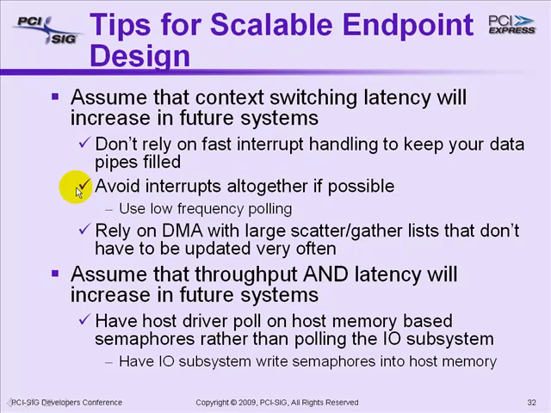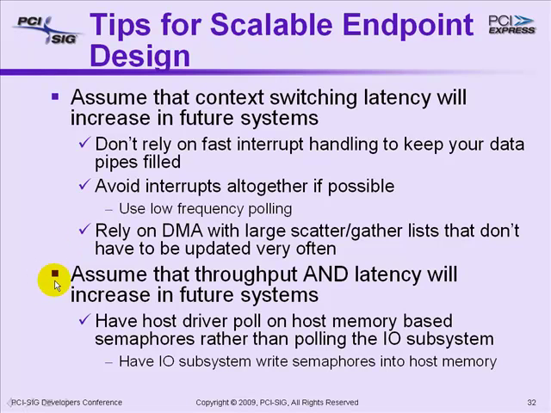Also, if possible, avoid interrupts. Use polling, for example. Rely on DMA with large scatter-gather lists. Remember that DMA is the way you're going to get high throughput in your system, and scatter-gather lists that are able to ride out long interrupt latencies are going to help rather than big buffers.